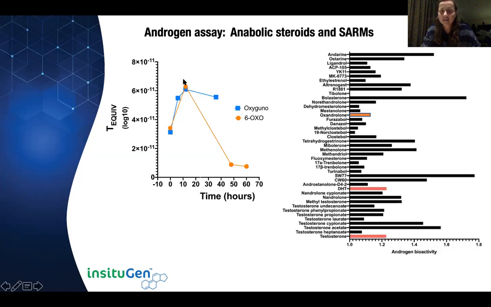At these earlier time points, you can see an enhanced androgen bioactivity, which told us that this horse had higher androgen bioactivity, indicative of the fact he was given these anabolic steroids. So we can also detect these in the in vivo situation.